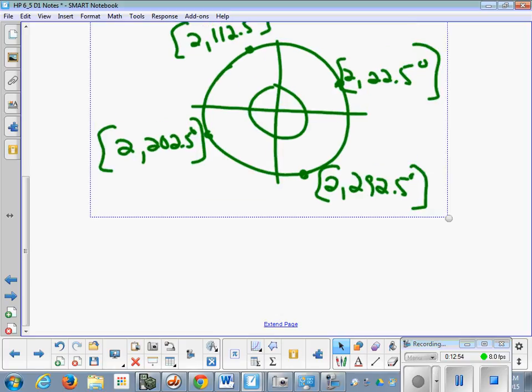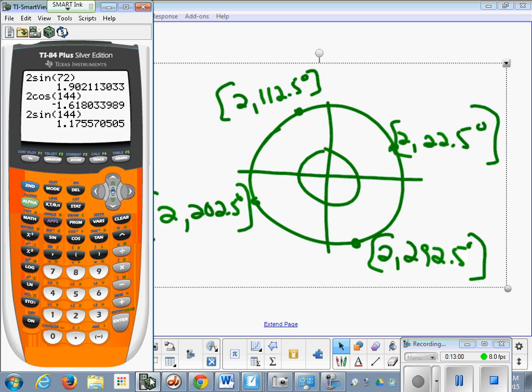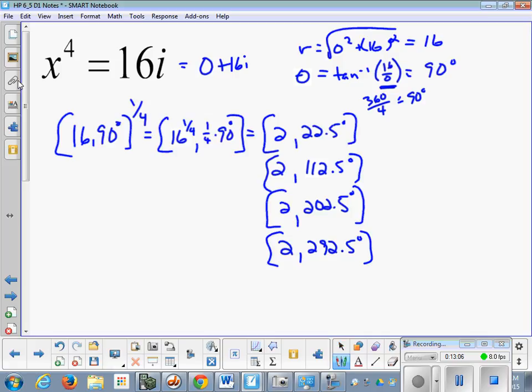All right. Well, here's my shortcut for you. When I do my first point, remember the last step here is to unconvert these. I'm going to just do the first one. X equals 2 cosine 22.5, y equals 2 sine 22.5.